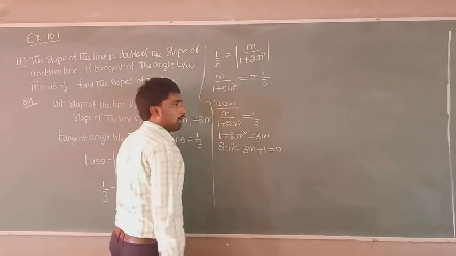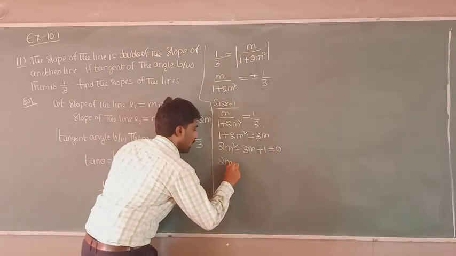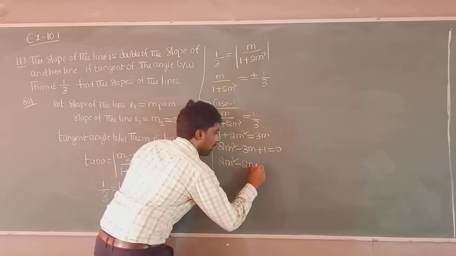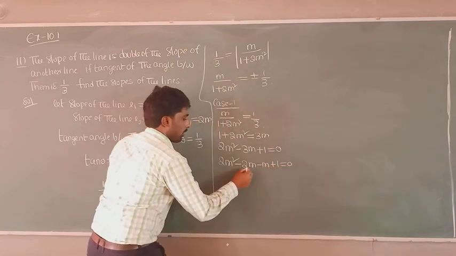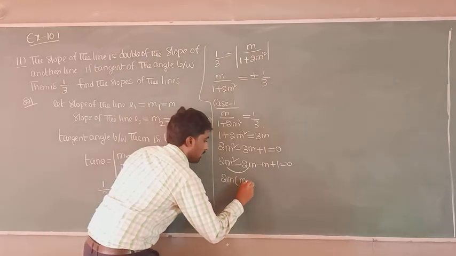So this is the quadratic equation; I have to find the roots. So 2m square minus 3m, I am writing like this: 2m square minus 2m minus m plus 1 equals 0. From the first two, if I take 2m common, I get 2m(m minus 1).